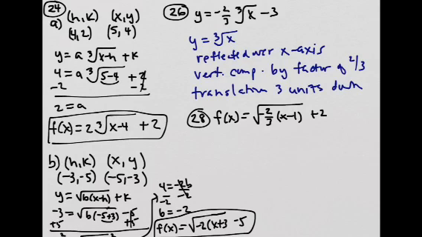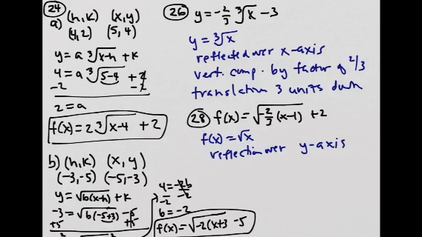So 28, compared to the function f of x equals square root of x, this one has a reflection over the y-axis because the b is negative.